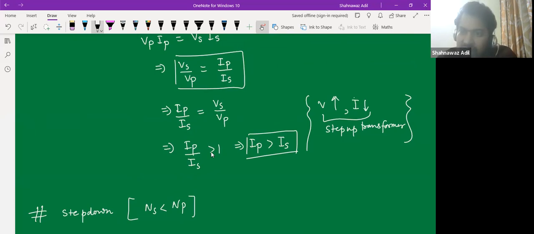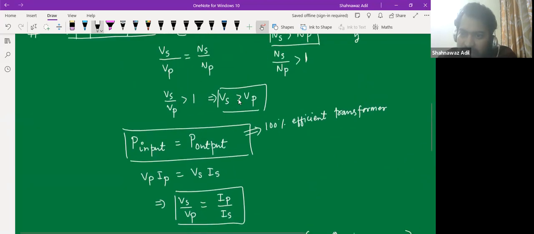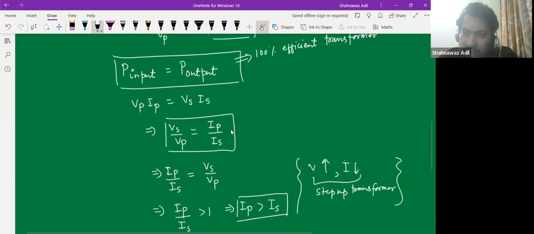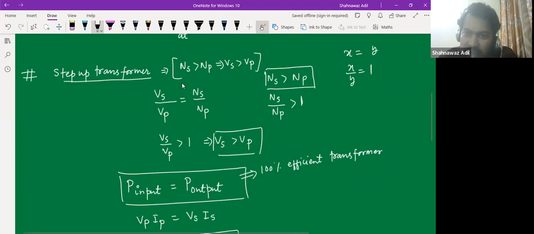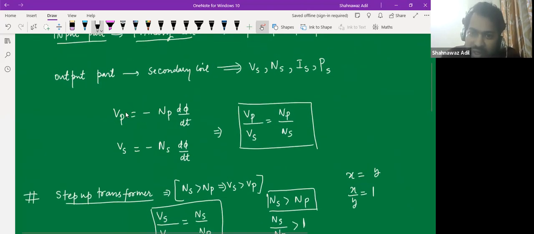Yes. So you see that for step up, we got this result, right? This result we already got, Vs by Vp for step up. I have just put this value in here, and this result I get from Faraday's law.